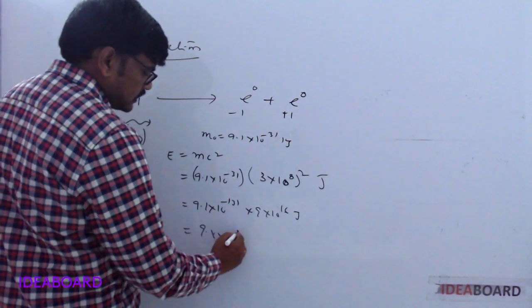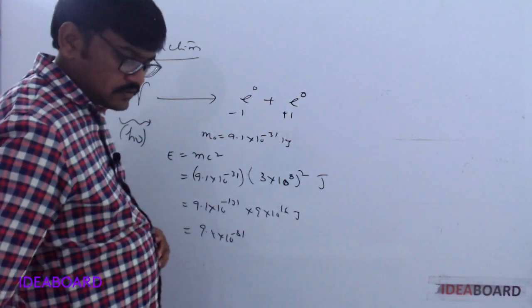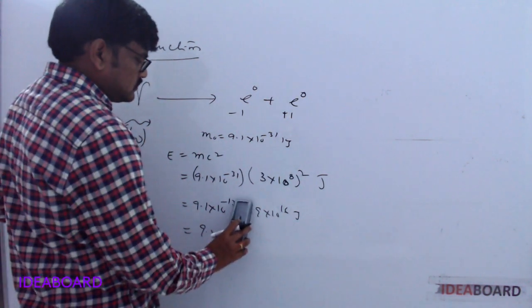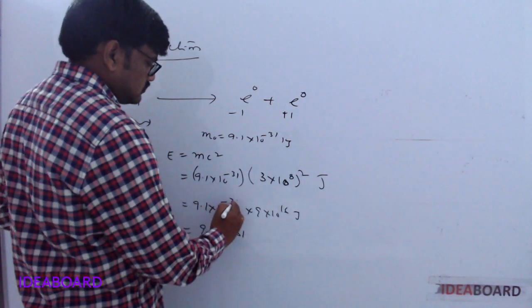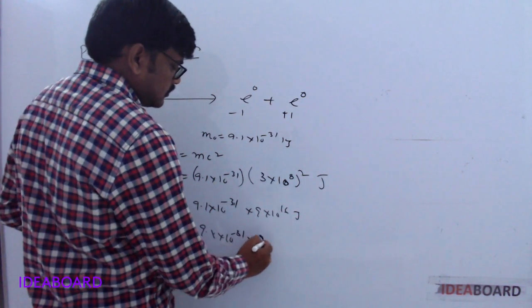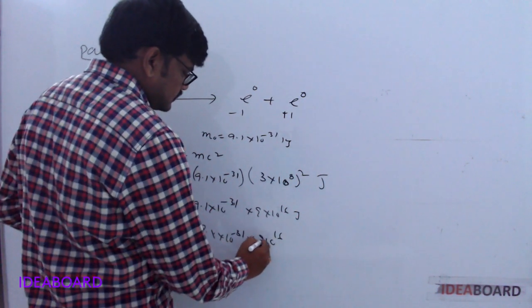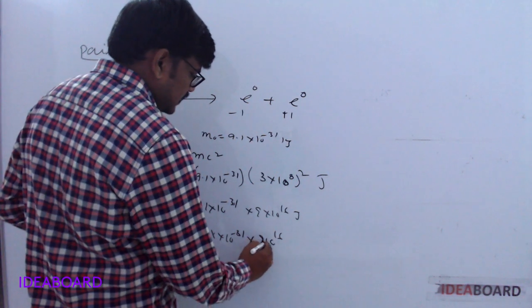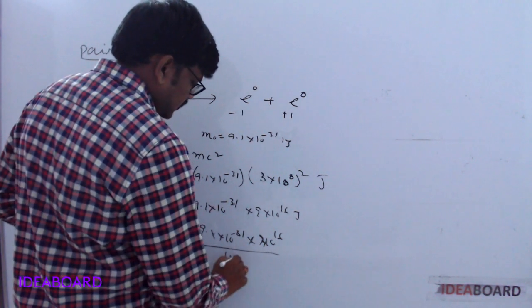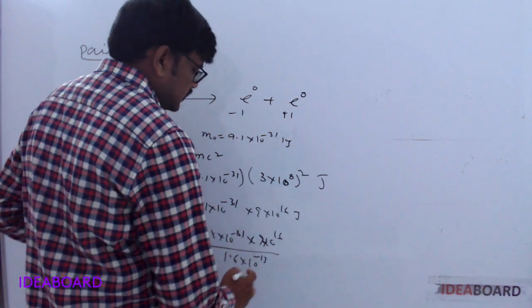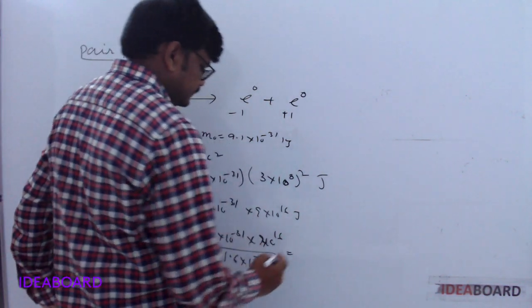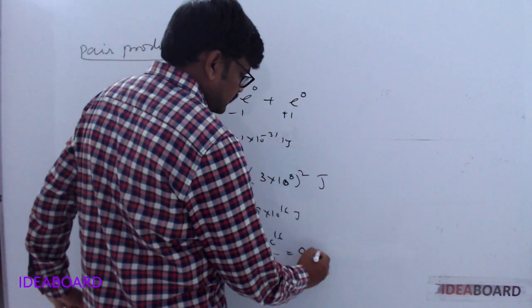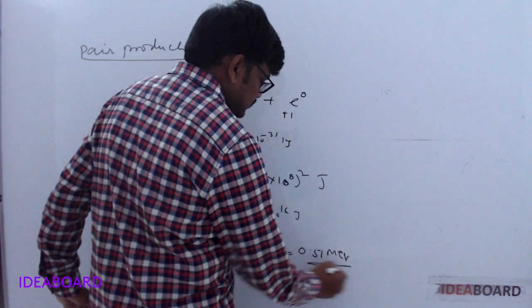9.1 into 10 power minus 31 into 9 into 10 power 16 divided by 1.6 into 10 power minus 13, we get 0.51 MeV.